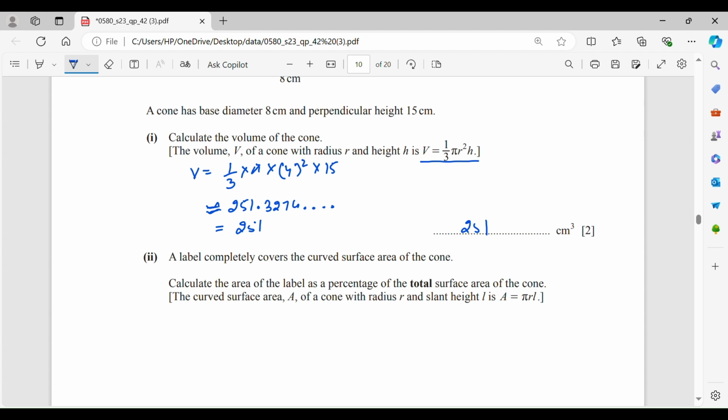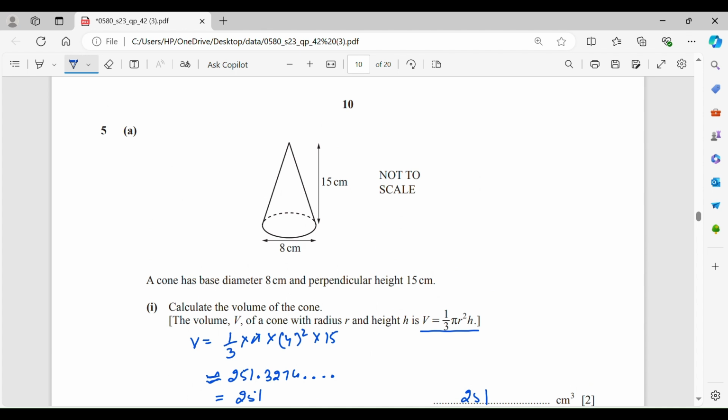So for the curved surface area, we will need pi RL, right? L is the slant length. So let's find the slant length. Let me join this also. Right, this will be at 90 degree. This is 15. This will be 4.